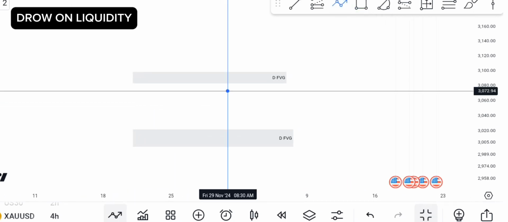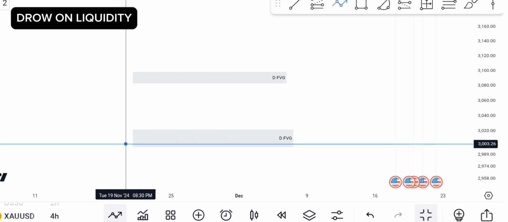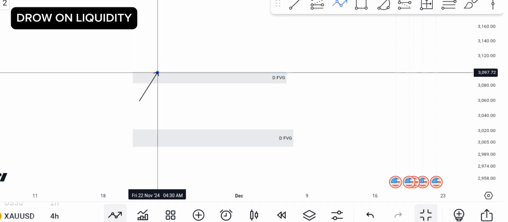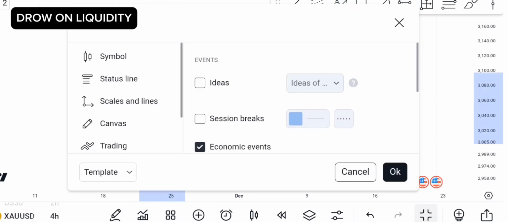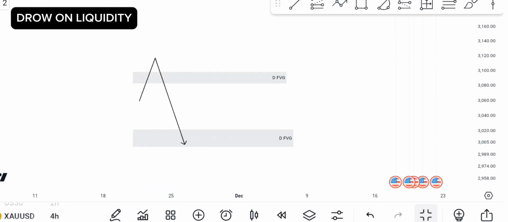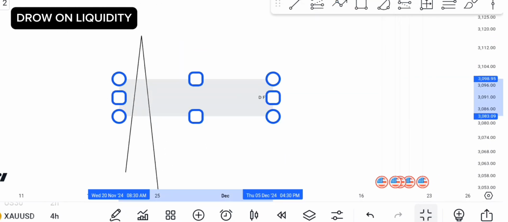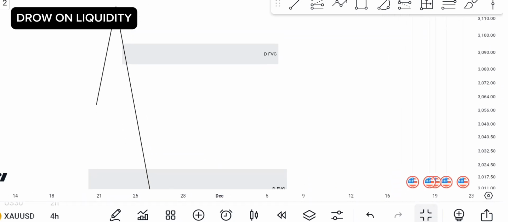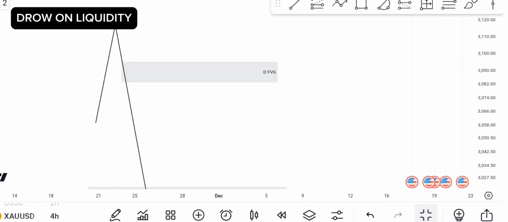Okay, in case price goes like this, taps here and comes here. In this scenario, just imagine there is a daily fair value gap in this place.